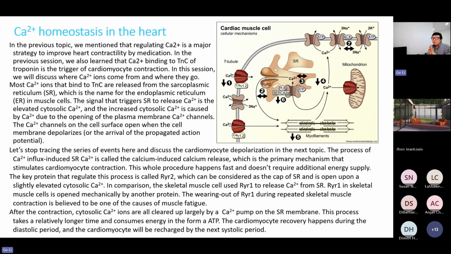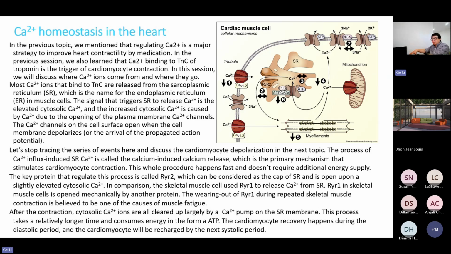What opens the cell membrane calcium channel? That is the action potential. I'm not sure you still remember what the action potential is, or you can say the depolarization. We'll talk about this concept in the next topic. As of now, if you can remember that this is the depolarization, or action potential, that's good enough. So let's recap the whole thing.